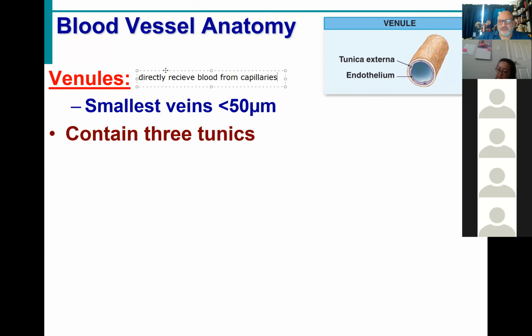I know the picture doesn't really show smooth muscle, although remember there's very little of it, but they really are just small. Notice, as we also talked about, a venule typically has a larger lumen than an arteriole, because typically veins have larger lumens than arteries at the same levels, because they need that lower resistance for easier blood flow.